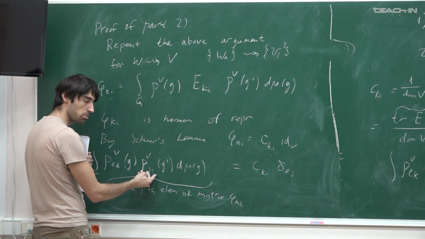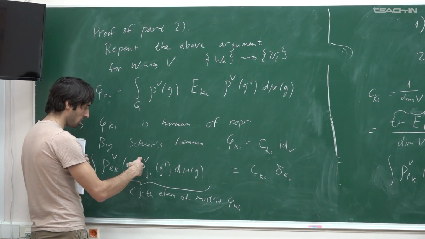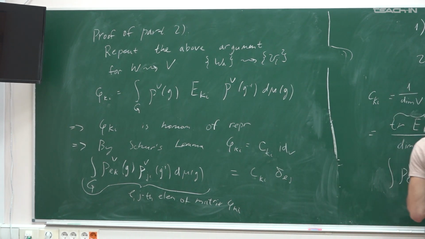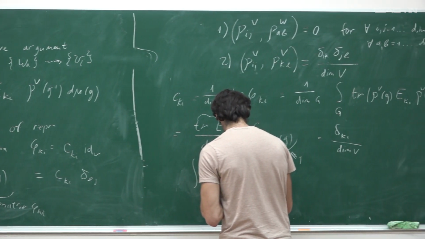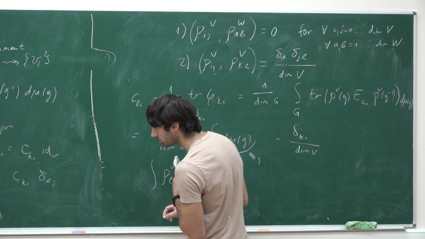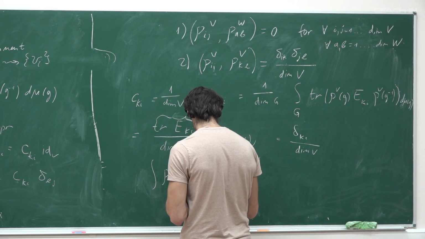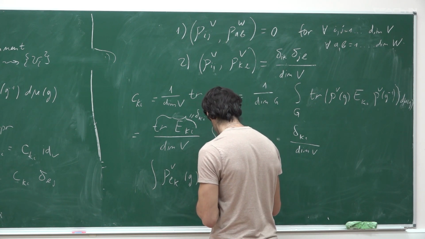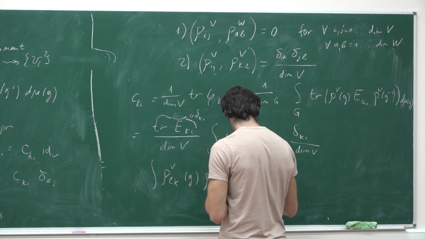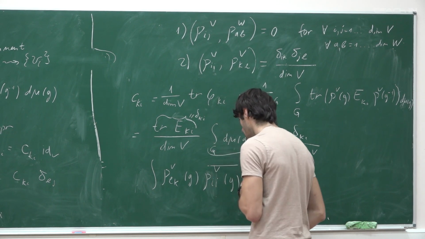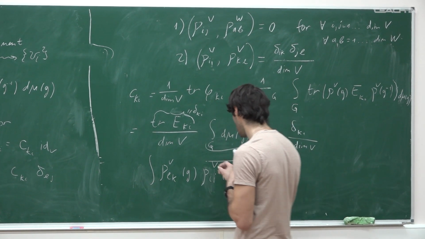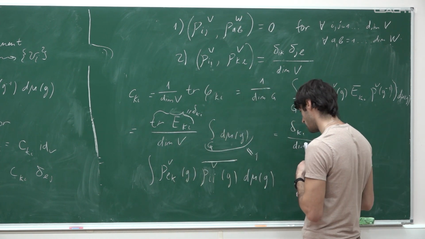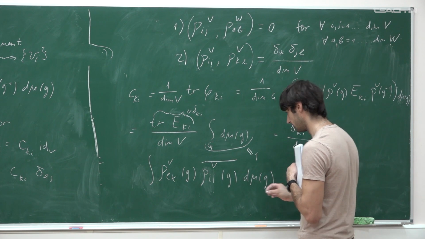I replace i and j and put a bar. This is by unitarity. So I will get rho_ij(g) bar d mu(g), right?